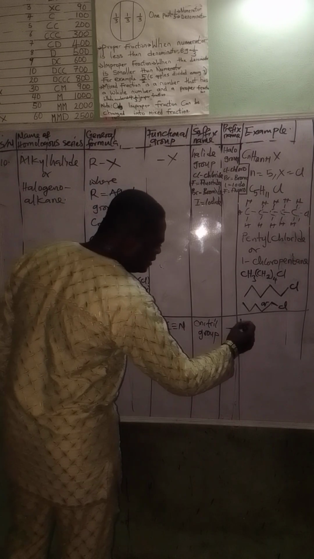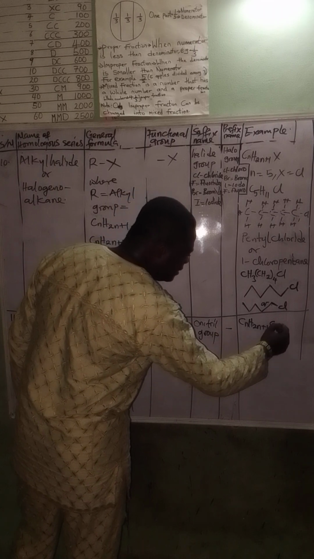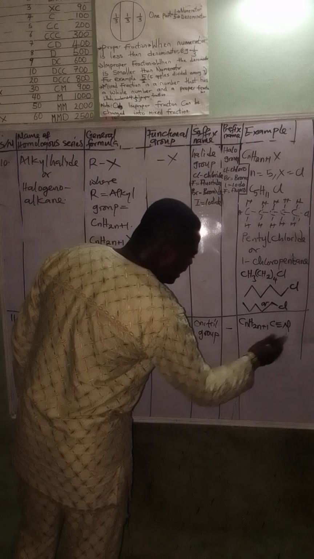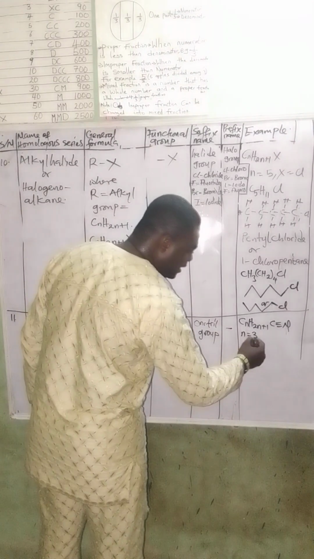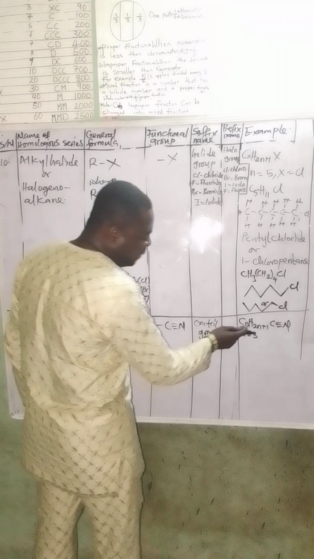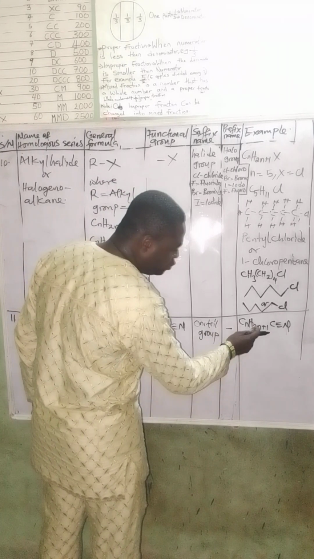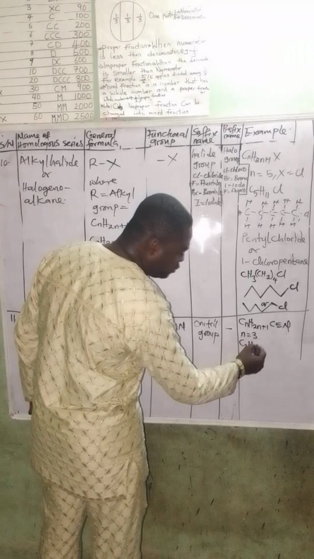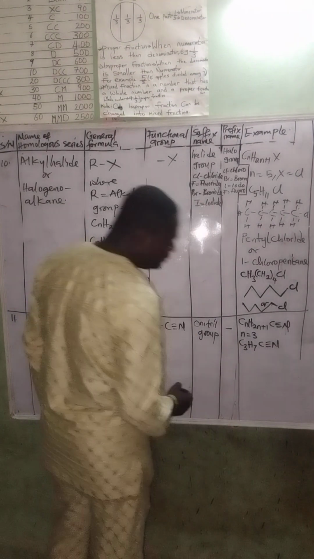If the formula is CnH2n+1 with C triple bonded to nitrogen, let our n be, let me just put 3 there. If I put 3 in place of n, I have C3, H2 times 3 is 6, plus 1, that's 7, then triple bonded to nitrogen.